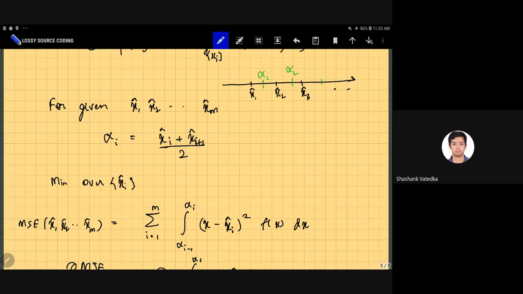Right. So in each loop, first minimize over alpha, then minimize over x hat, not the other way around. So you're not exactly minimizing over alpha, you're choosing a specific alpha. You're updating alpha.